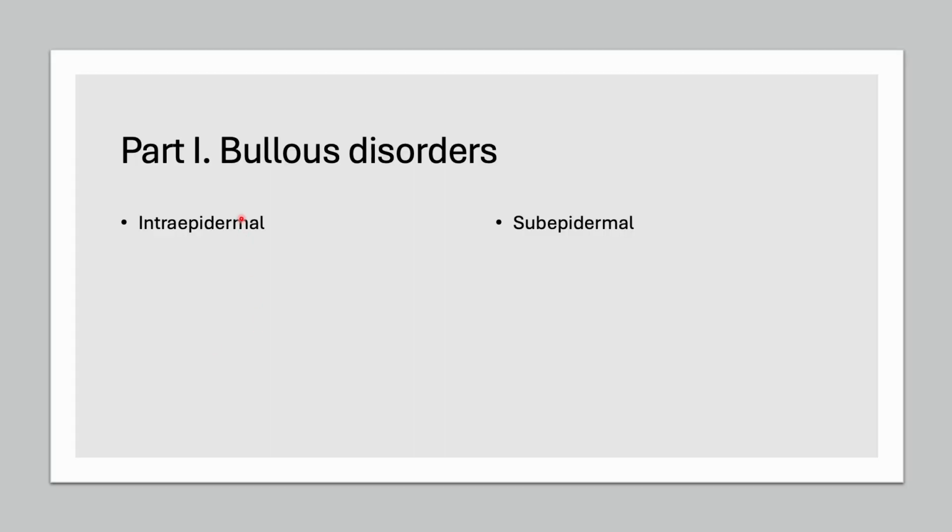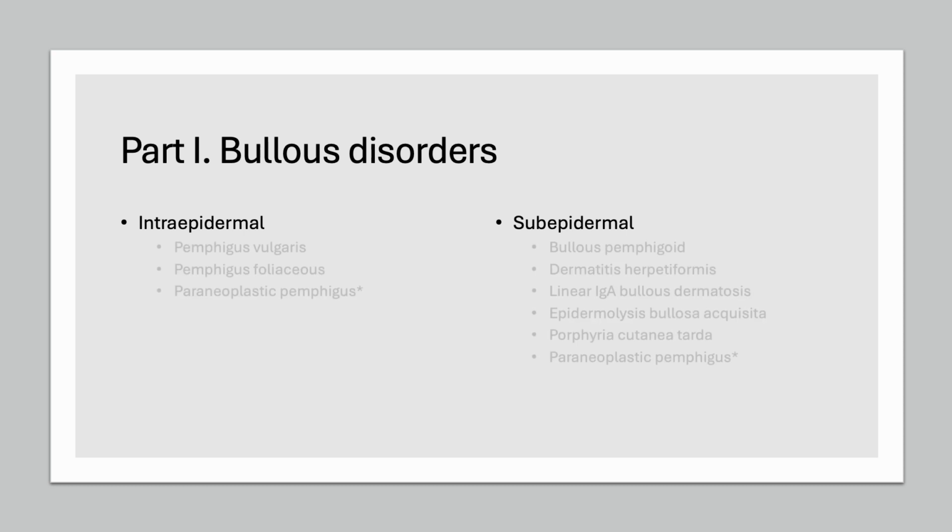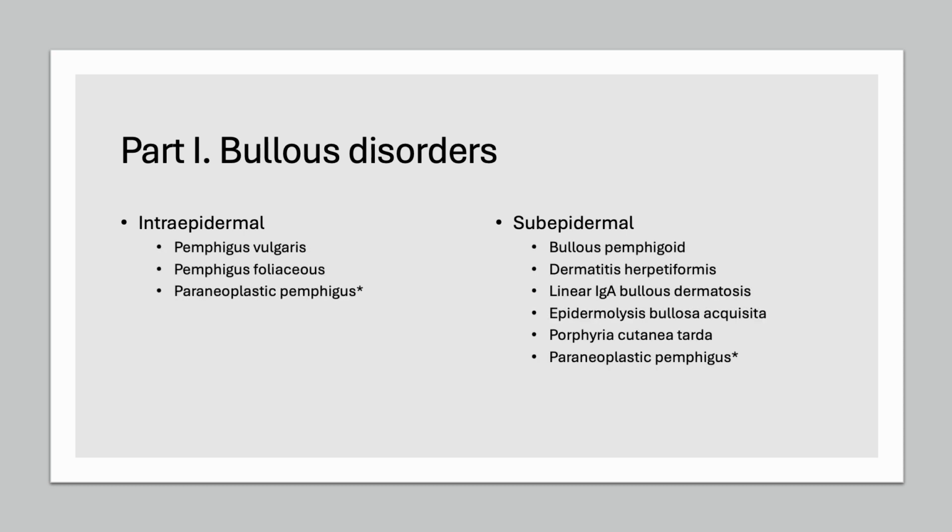So first, let's talk about part 1 of this lecture, which is the bullous disorders. We know that bullous disorders can be subdivided into intraepidermal as well as subepidermal. When we subdivide the intraepidermal category, we get pemphigus vulgaris, pemphigus foliaceus, and paraneoplastic pemphigus.